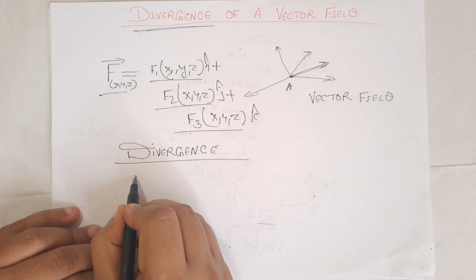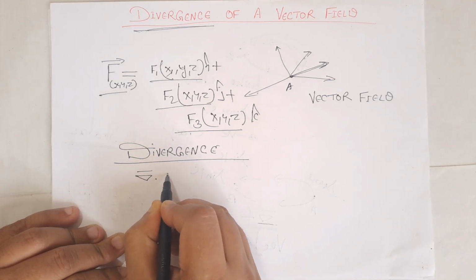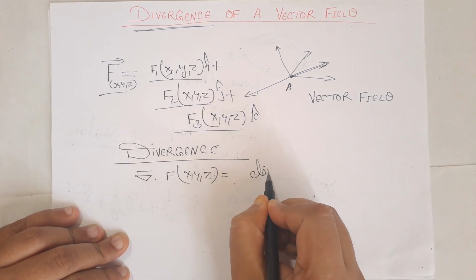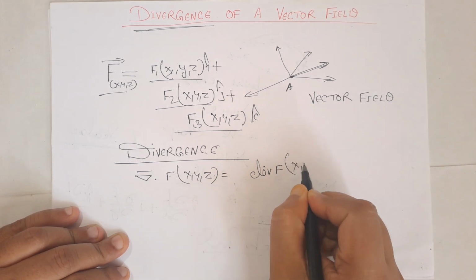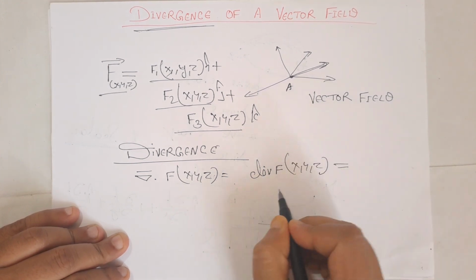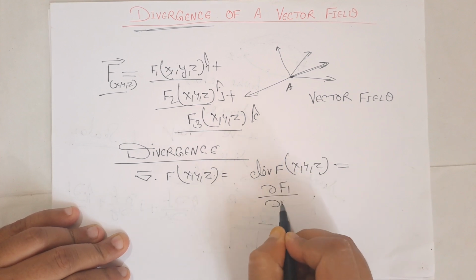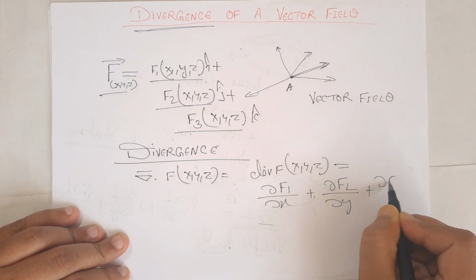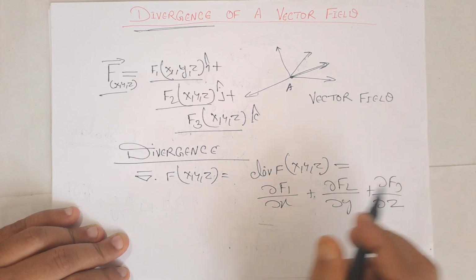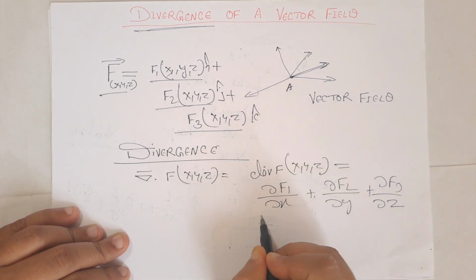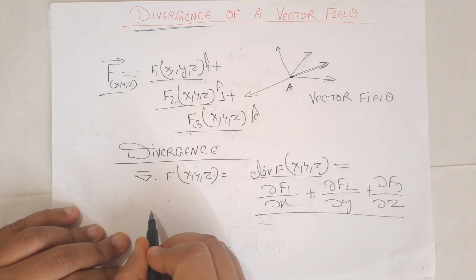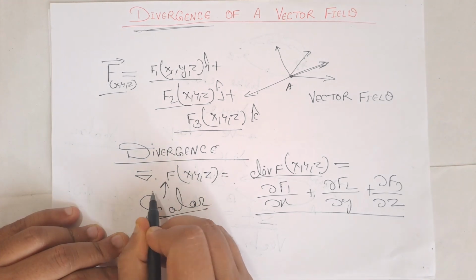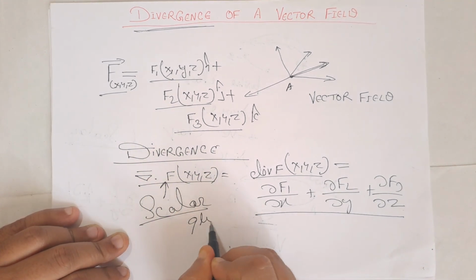Divergence of any vector field is del dot F(x, y, z), which is equal to del f1 by del x plus del f2 by del y plus del f3 by del z. This is the divergence of the vector field, and divergence of a vector field is a scalar quantity.